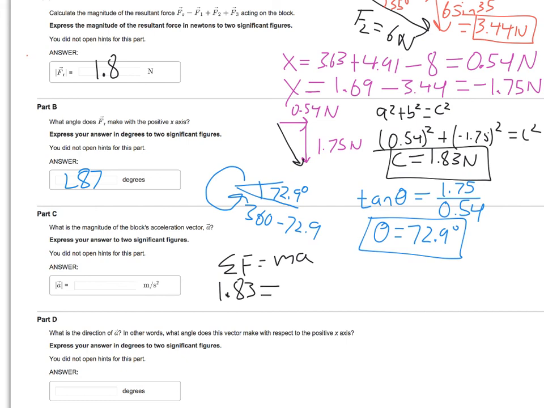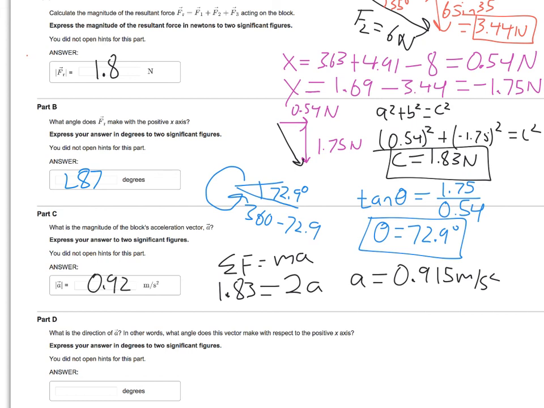And that's going to be equal to the mass, which is 2, times the acceleration. So I can go ahead and solve for my acceleration. I get that my acceleration is 0.915 meters per second squared, and I could round that to 2 sig figs. That would be 0.92 meters per second squared.